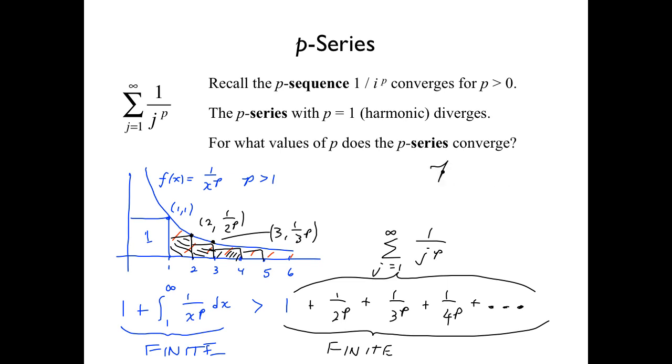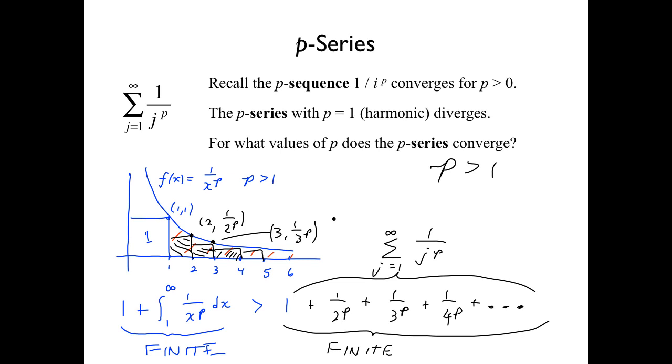Greater than 1. And we already showed that it diverges for 1. So what about when it's less than 1? Divergent, because you're going to have a bigger number. When p is less than 1, your series will be bigger, and we know that it diverges when it's 1.